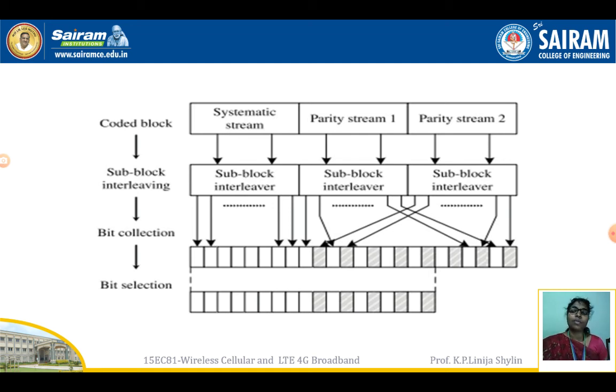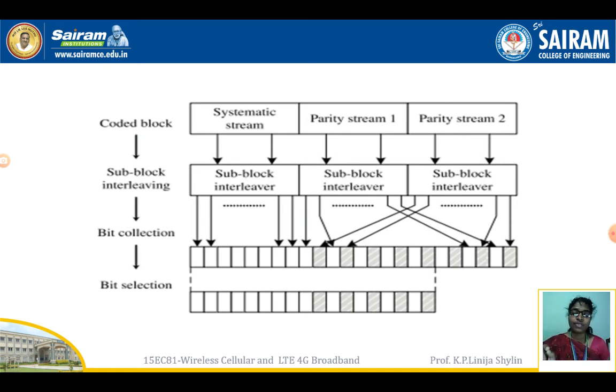What do you mean by bit collection? By the diagrammatic representation, the downward arrow leads into the third block. From here we can clearly identify the collection of bits from the interleaved streams. We are collecting the bits from the interleaved streams.